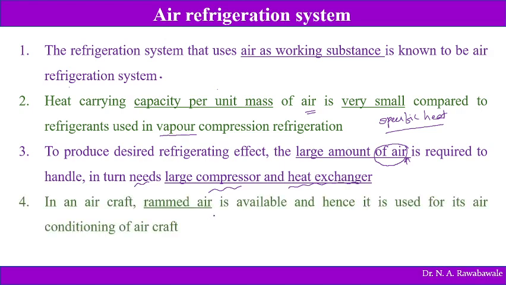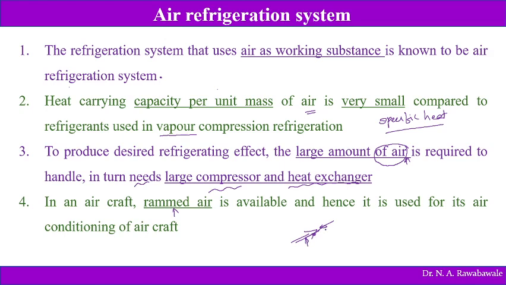Then in aircraft, this air refrigeration system is preferred, because of the rammed air. When the aeroplane or aircraft moves in the forward direction, in the opposite direction air hits this aircraft, and this air which hits the aircraft is getting compressed, and that compressed air is used in order to produce refrigerating effect or air conditioning of this aircraft.